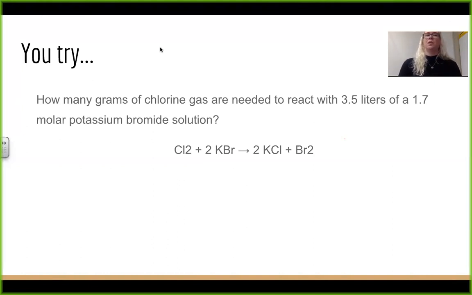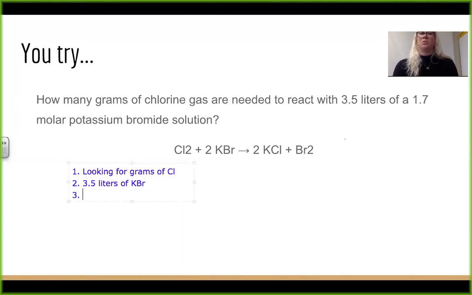Okay, so here's what I wrote as what I know. We're looking for grams of chlorine. We know that we're starting with 3.5 liters of potassium bromide.